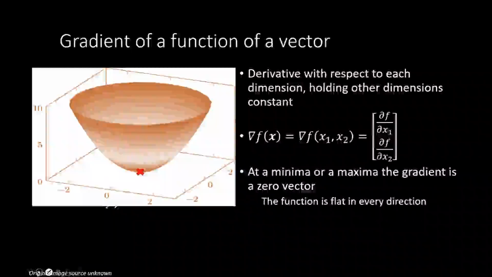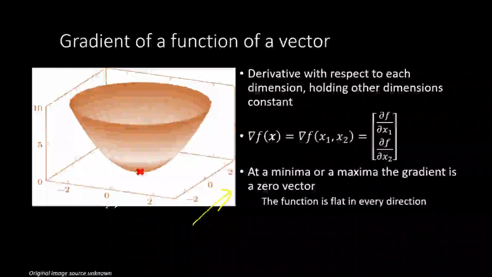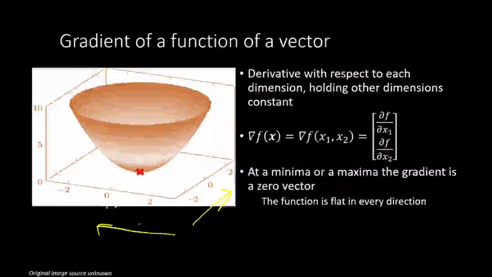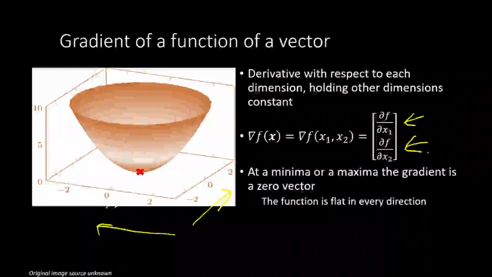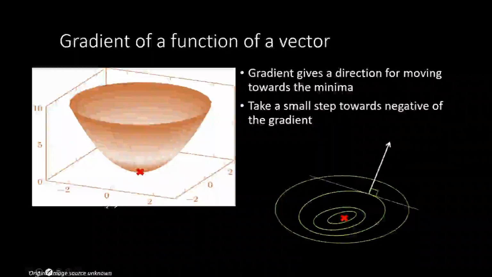Now when we go to multiple dimensions, so let's say we have x1 and x2, then we will not have just parabolas, we'll have bowls or paraboloids. Here we are looking at the derivative in two different directions, which becomes the gradient vector, and then we can take a step based on the gradient vector. If I draw the contours of this paraboloid, it may look like this.